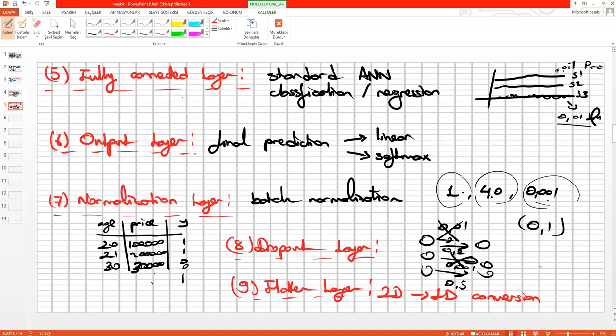But we need to feed the neural network or fully connected layer with 1D data, because x1, x2, and x3 should be fed in one-dimensional form, right? Because it's not 2D. We cannot process this data in 2D. The flatten layer is utilized to apply these forms. Okay?